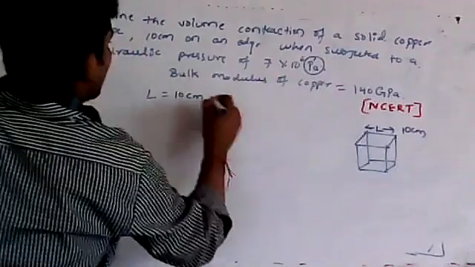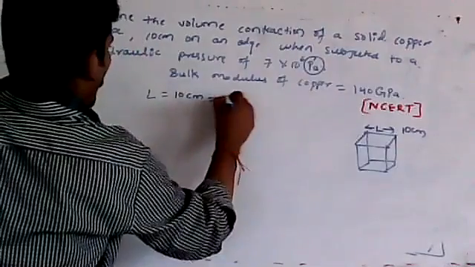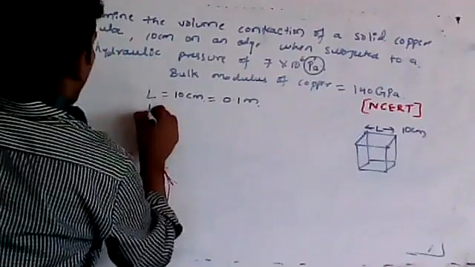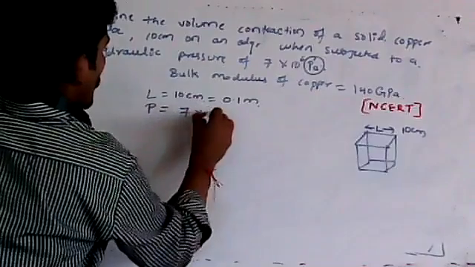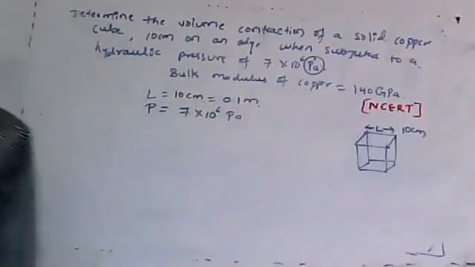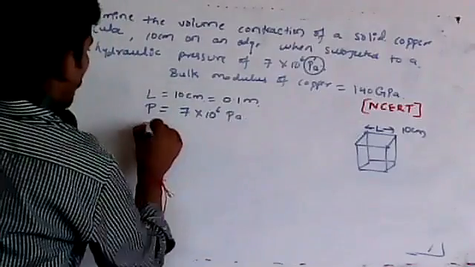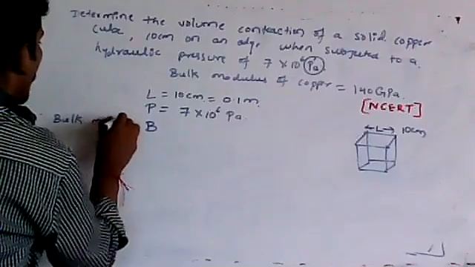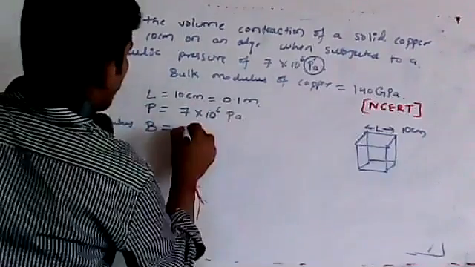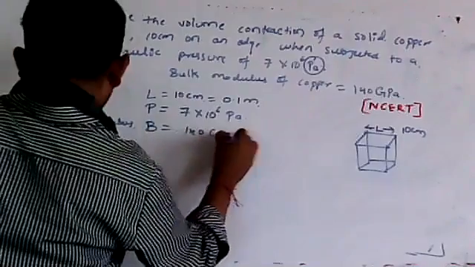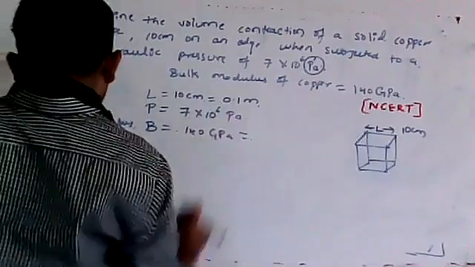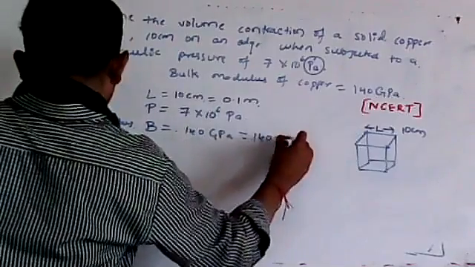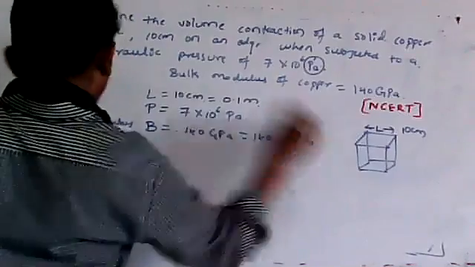Why? Because Pascal is a big unit, so we have to write 0.1 meter. Then the hydraulic pressure given is 7 into 10 raised to 6 Pascal. Then bulk modulus, we can write it as B, is 140 gigapascal. We already know how to convert gigapascal into Pascal: 1 giga means 10 raised to 9 Pascal.